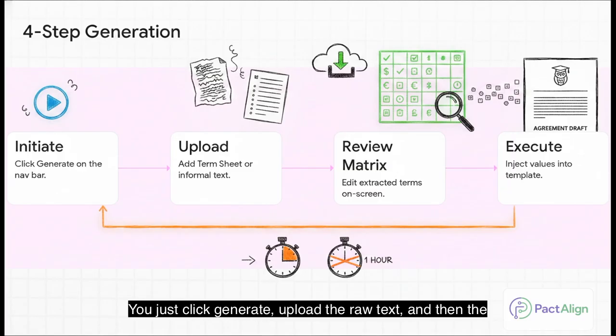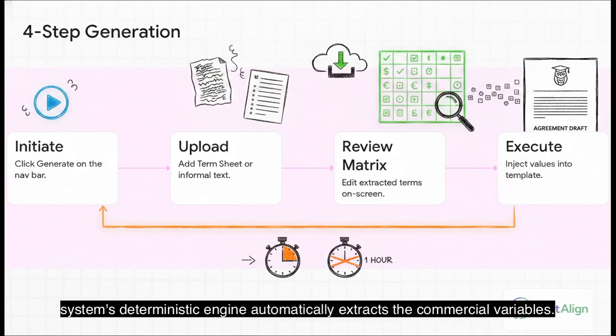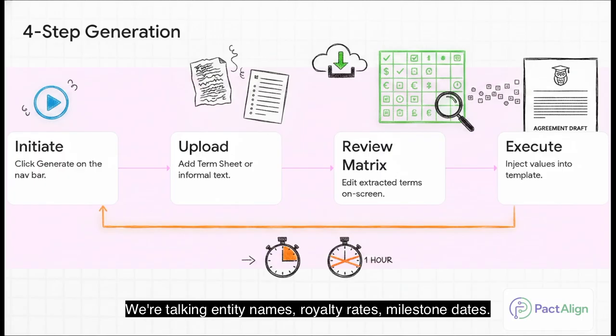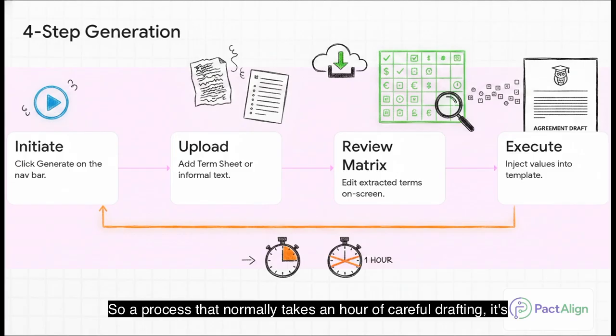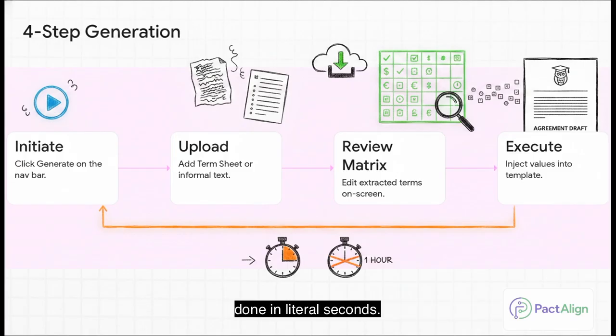You just click Generate, upload the raw text, and then the system's deterministic engine automatically extracts the commercial variables. We're talking entity names, royalty rates, milestone dates. You just review them in a clean interface, click Execute, and it instantly maps those exact values perfectly into your institution's specific, pre-approved templates. So a process that normally takes an hour of careful drafting is done in literal seconds.